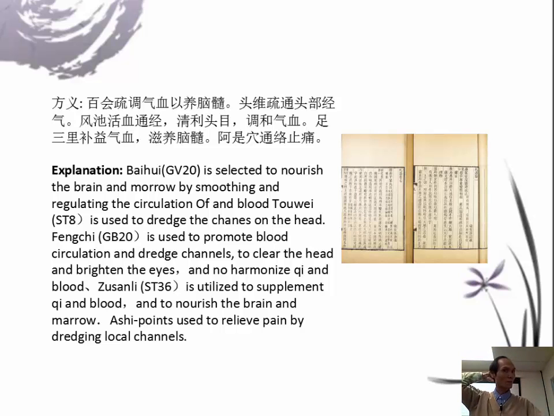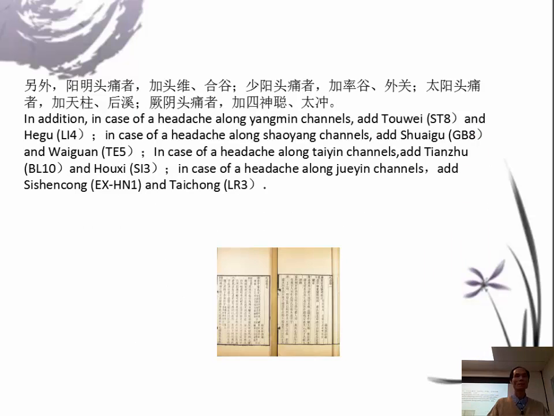And Fengchi, of course, will get rid of the wind. And of course, Zusanli, ST36, is a universal point for qi, blood, the digestive system, the spleen, anything. Okay, this is very important. Now, when we consider headache because of Yangming, what we're going to do, we use Taiyang and Hegu.